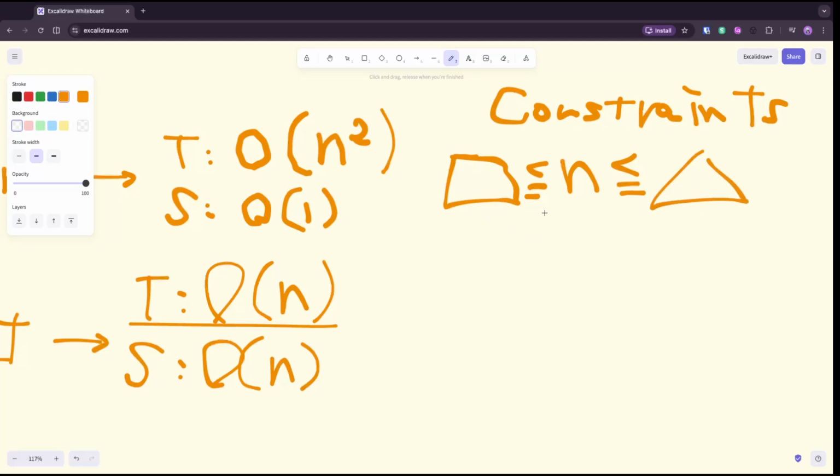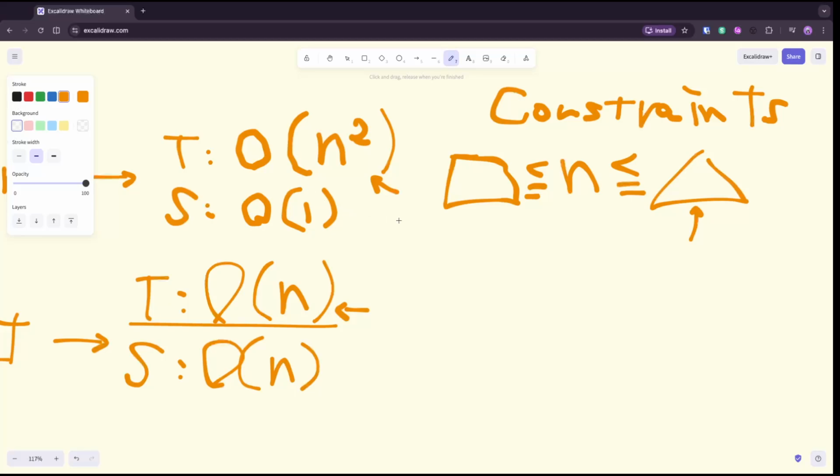If the maximum of n is really big, we have to think of a more efficient approach. So maybe we can choose this. But otherwise, if the maximum of n is small, we can choose the brute force approach, because we don't have to be careful about time complexity.